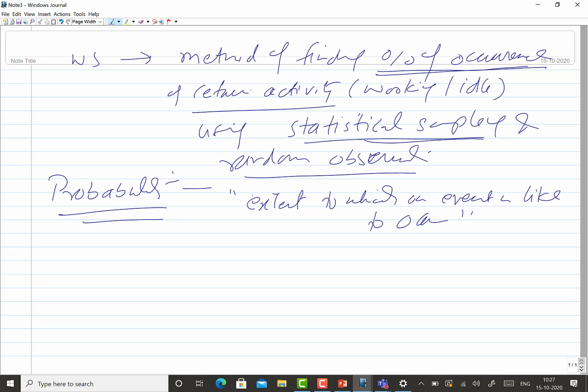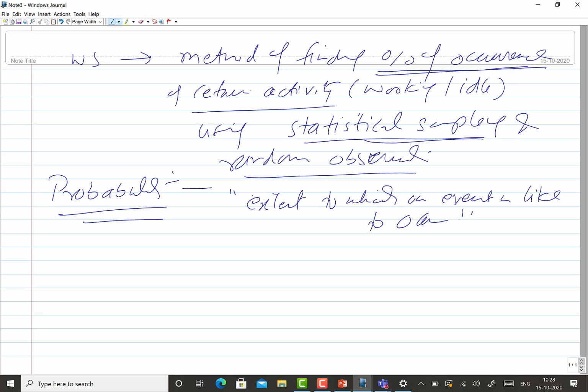Is it based on just 10 observations of the shop floor or 1000 observations? We have to see what degree of confidence we have in this percentage of occurrence and what is the possibility of error in our observation.